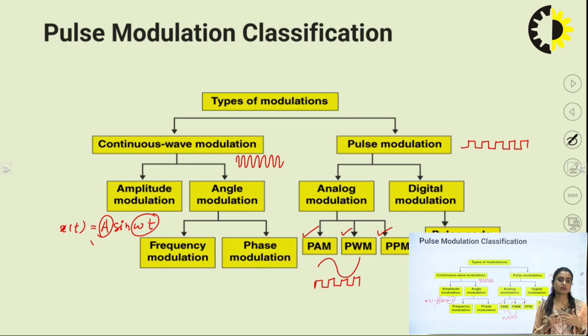The second major reason is noise interference. Analog communication is more prone to noise, whereas digital communication is more immune to noise. And the third most important reason is that we have n number of coding schemes available for the digital mode of communication.